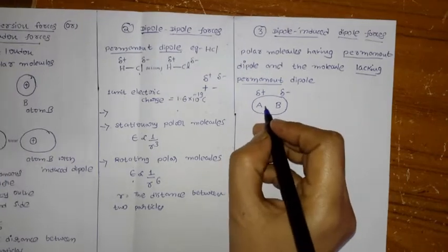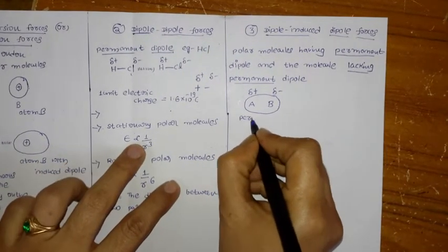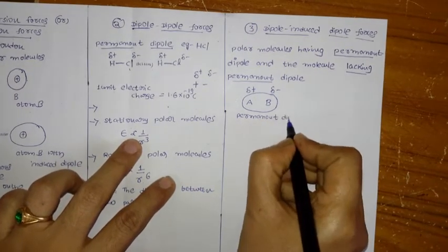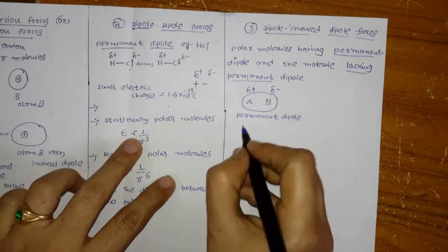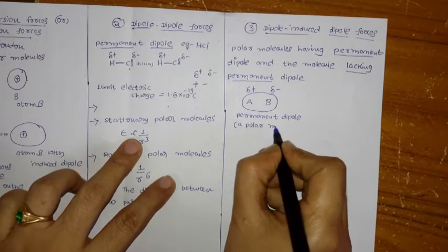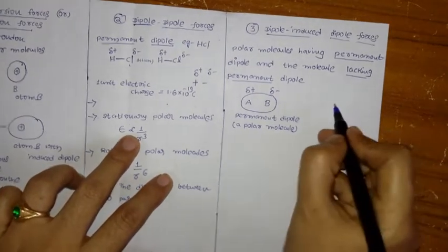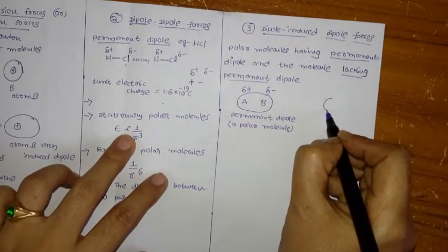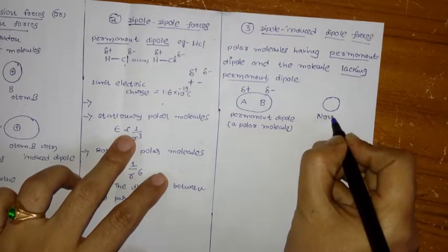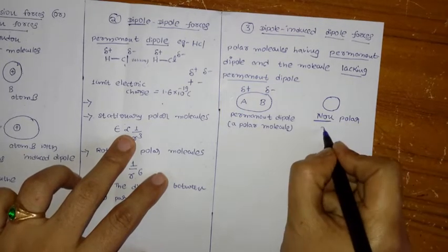Now this is a molecule having a permanent dipole, so it is a polar molecule. Now we have another molecule, which is a non-polar molecule.